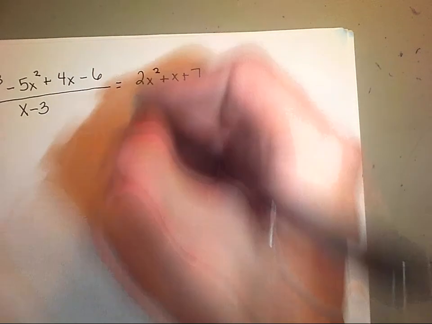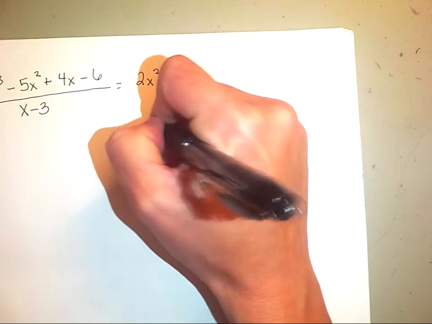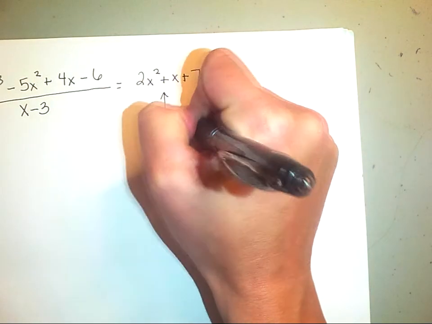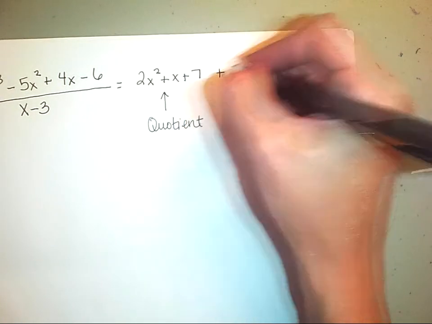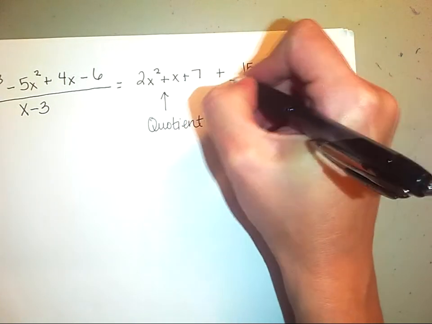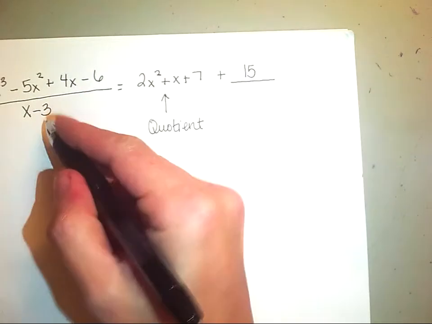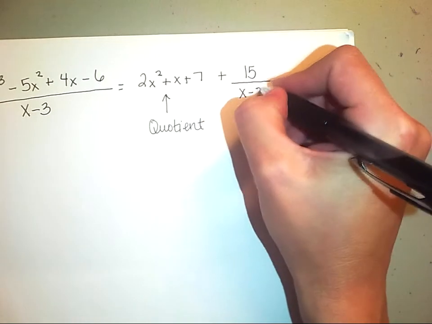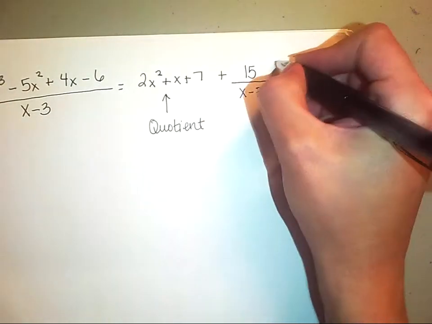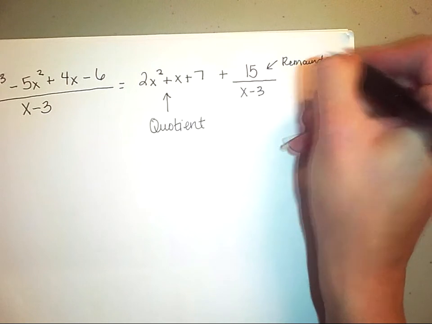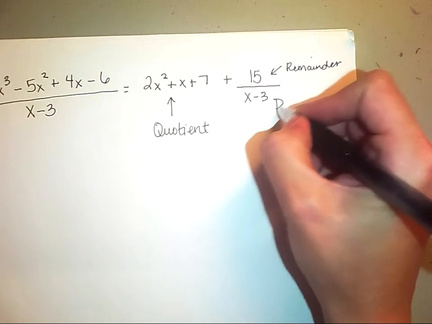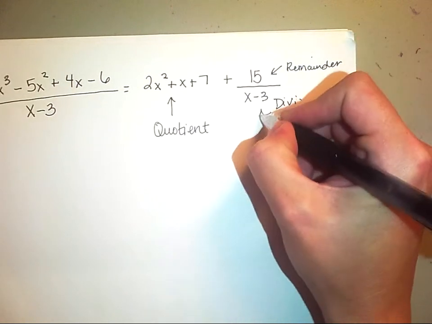This is what's known as the quotient. But we had a remainder, and that remainder was 15, but it was 15 over x minus 3. Okay. This is the remainder. And this was the divisor. That is what we were dividing by.